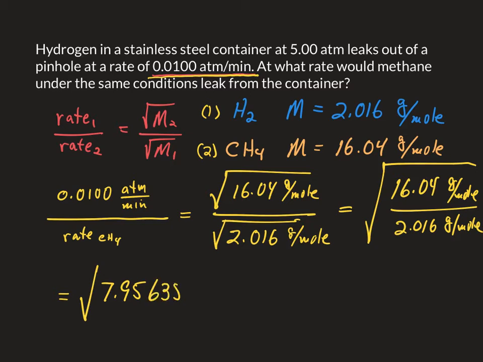And note there would be no units there, because the units of the numerator and denominator are the same. And then when we do the square root, we get 2.8207. Again, keeping some extra digits beyond what is significant so that we don't contribute to the rounding error.